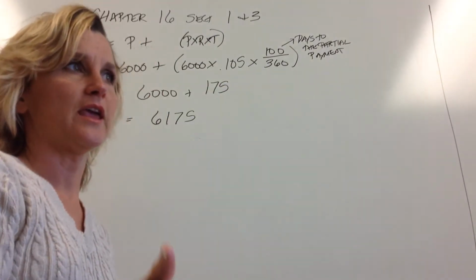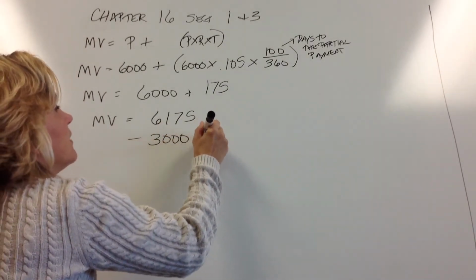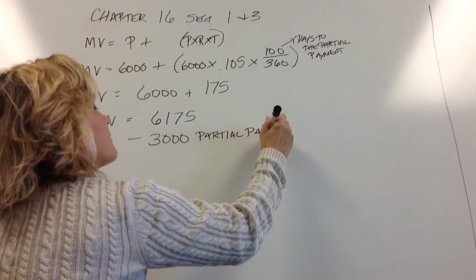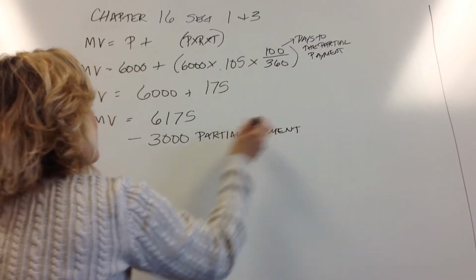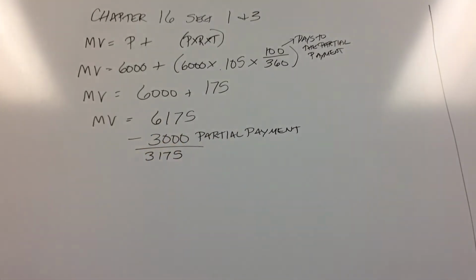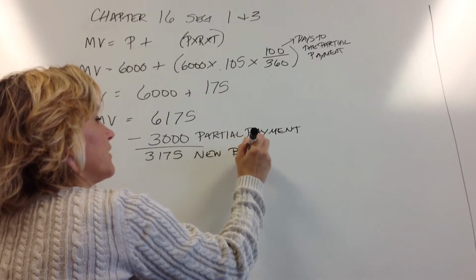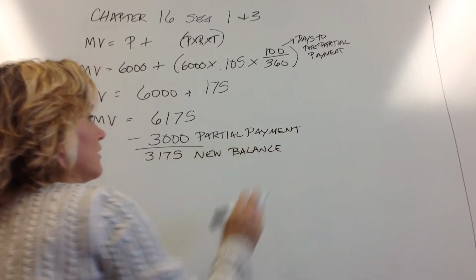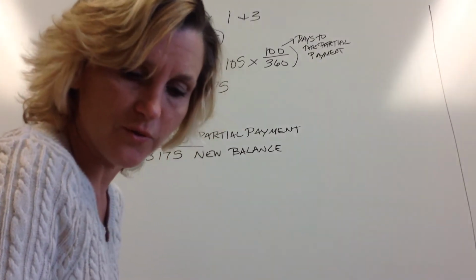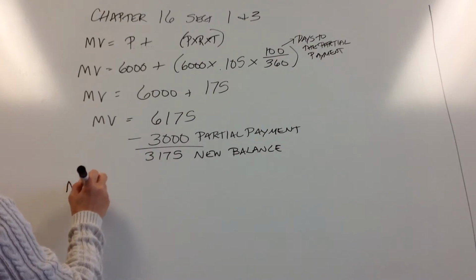Maybe all of a sudden they came into some money, they're able to pay $3,000 down. So then that now becomes their new balance, $3,175. The original note was for 130 days, so they still have 30 days left.